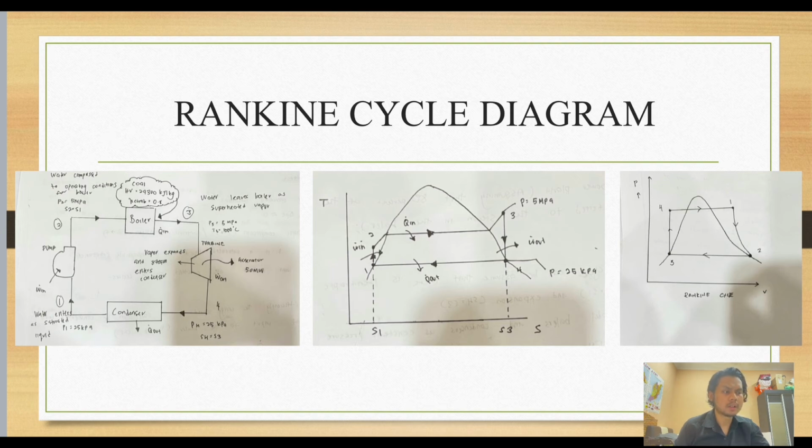So what is 3? 3 is water leaving the boiler as superheated vapor. And lastly, 4 to 1 is constant pressure heat rejection in a condenser. So 4 is the vapor expanded and steam entering the condenser. So this is a T-S and P-V diagram as we know. So we can jump to the next part.